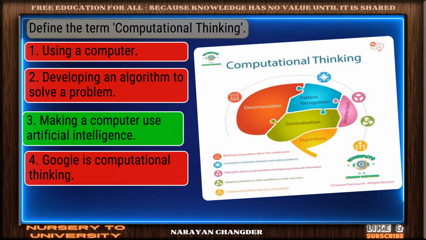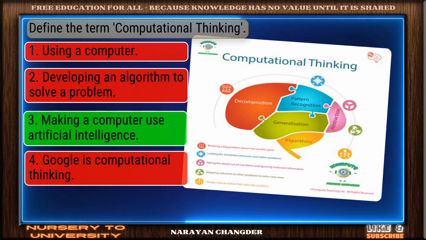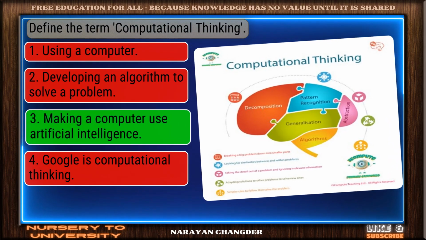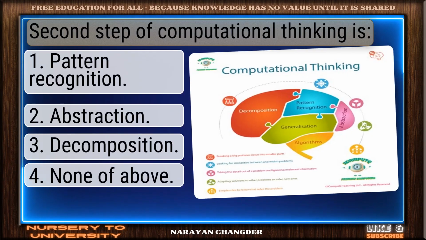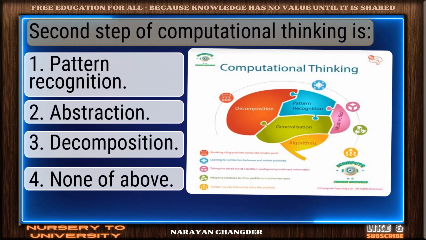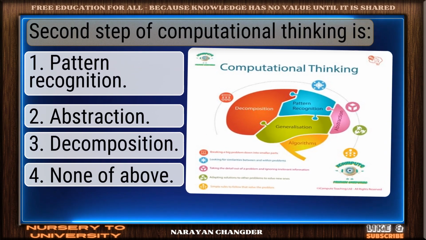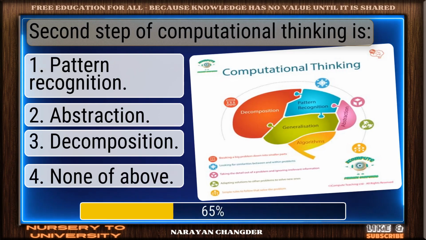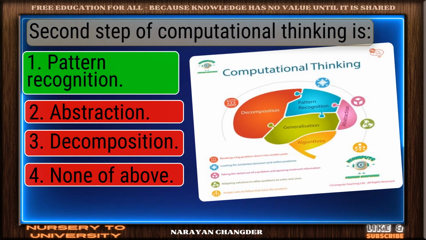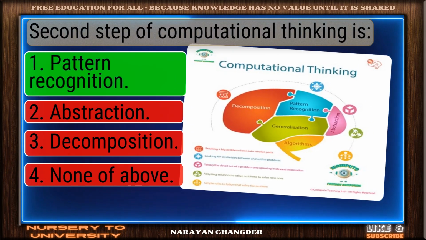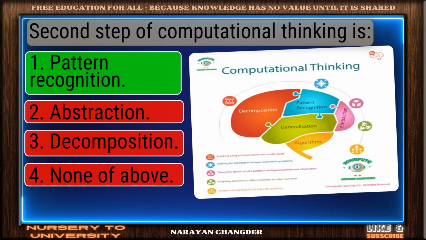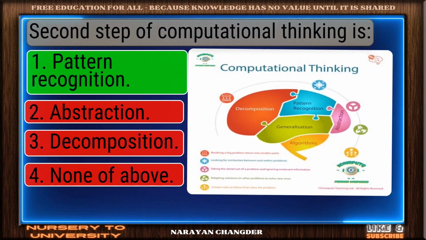Clear logic. Your choice making a computer use artificial intelligence is sound and 100% true. Question number 63. Second step of computational thinking is? Correct response. Pattern recognition is the most accurate answer.